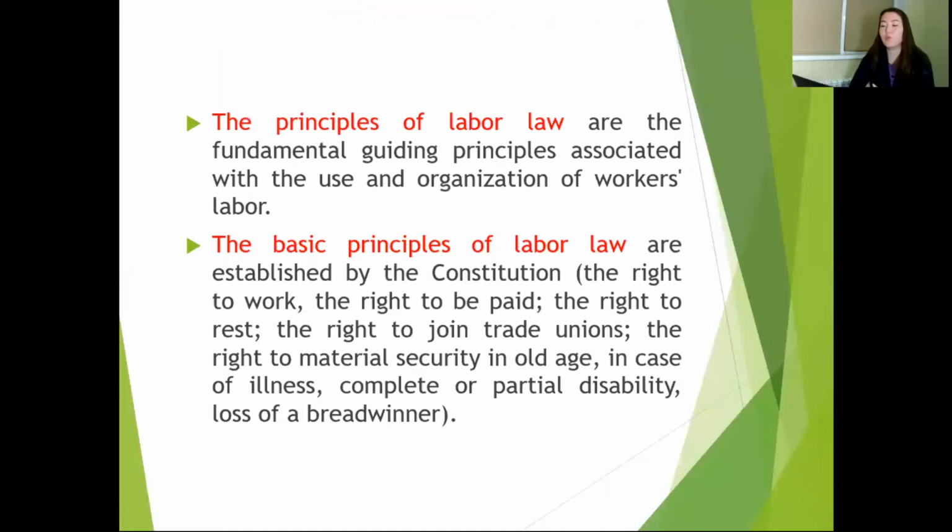The principles of labor law are the fundamental guiding principles which are associated with the use and organization of workers' labor. The basic principles of labor law are established by the Constitution. For example, the right to work, the right to be paid, the right to rest, the right to join trade unions, the right to material security in old age, in case of illness, complete or partial disability, loss of breadwinner.